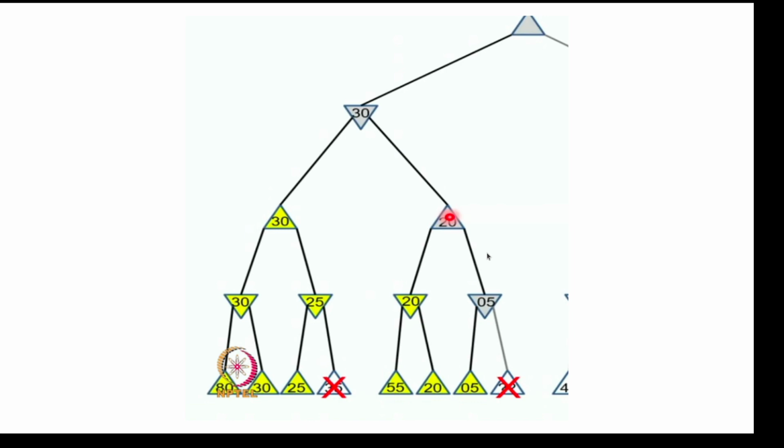Because from there we need to take the maximum one, and on the right hand side you can see there is a 30, so whatever the minimum would be doesn't matter, right? Because finally we'll take the maximum one out of it, so 30 would go to the upper node. So this 35 need not be explored, so this is why we can prune it. This was the idea of showing this slide.